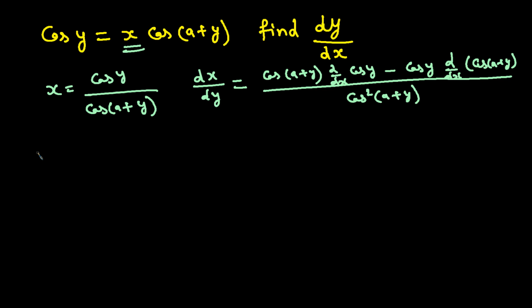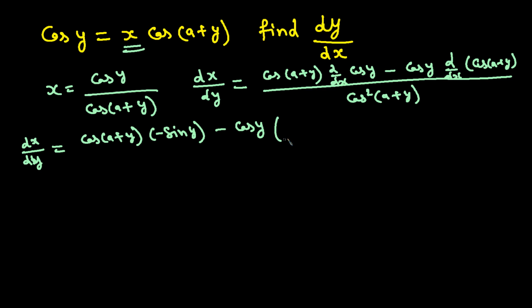So dx over dy is equal to cosine of a plus y, and derivative of cosine y is minus sine y, minus cosine of y, and derivative of cosine again, minus sine of a plus y.